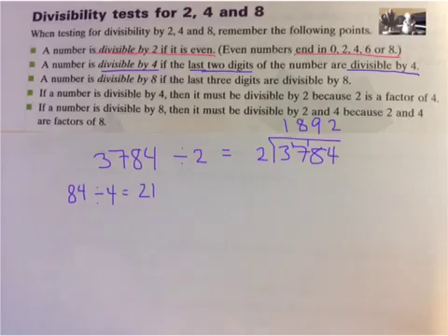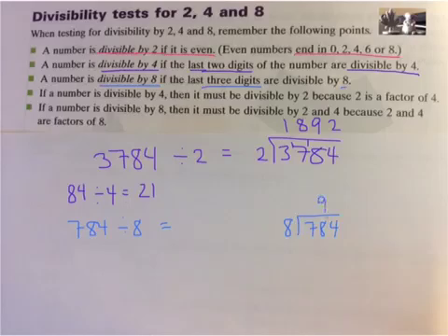And a number is divisible by 8 if the last 3 digits are divisible by 8. Okay, so here we're looking at 784. Can that be divided by 8? So again, we'll do our check. 8 times 9 is 72.